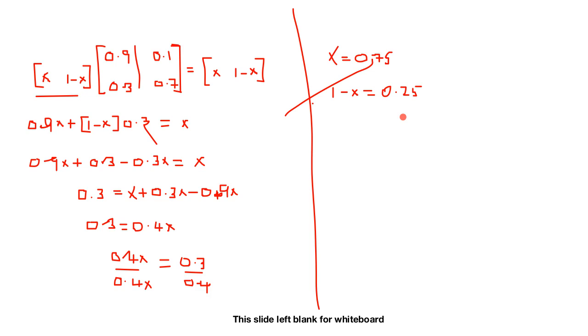So we can state that the equilibrium state proportion after advertising is 0.75 and 0.25.